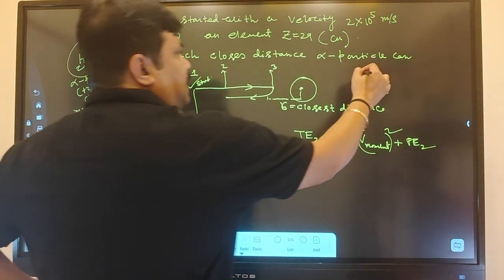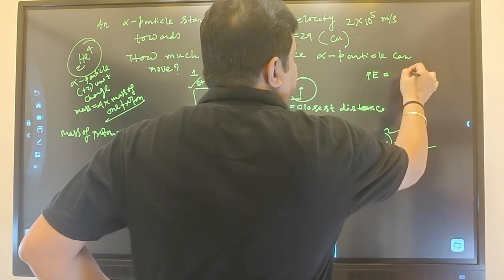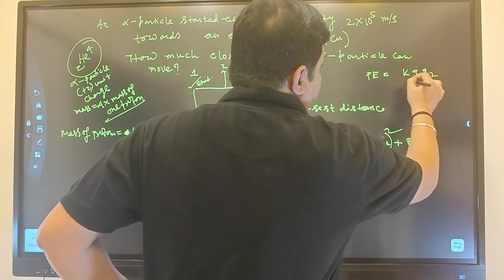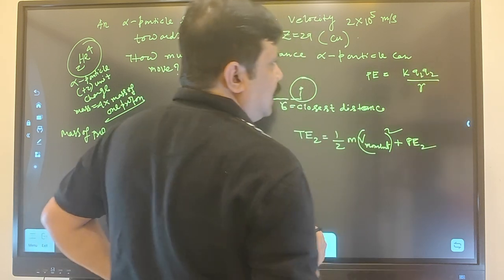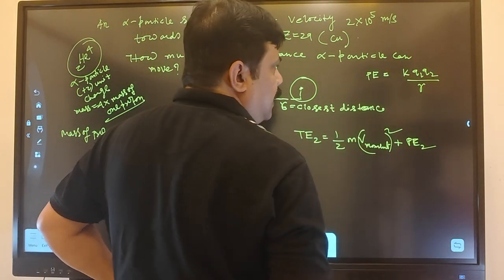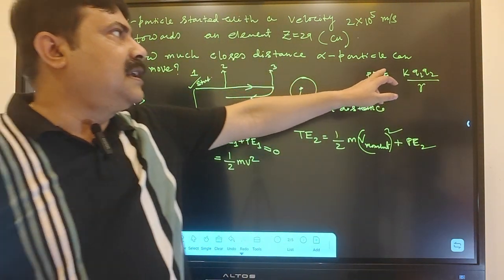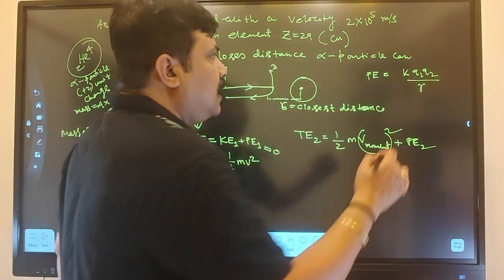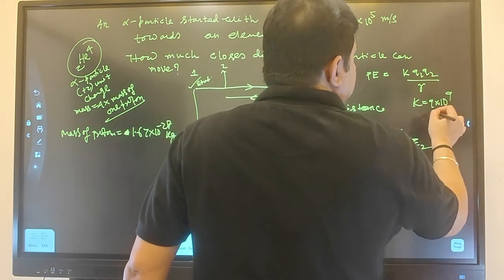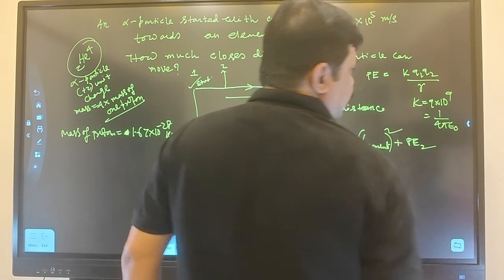And potential energy, we know if there are 2 charges, will be equal to K into Q1 Q2 by R. If they are like charges there will be a positive sign, for unlike charges a negative sign. K is related to the permittivity factor, whose value is 9 into 10 power of 9, which is nothing but 1 by 4 pi epsilon naught.